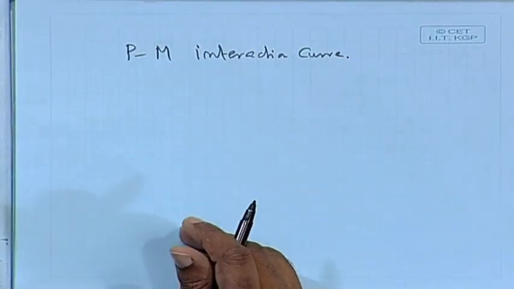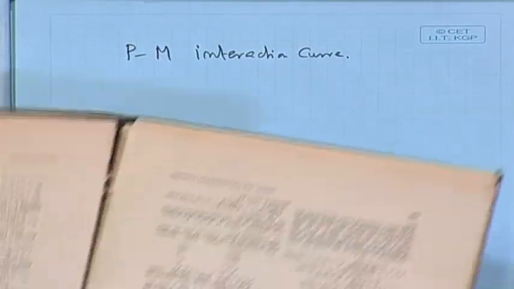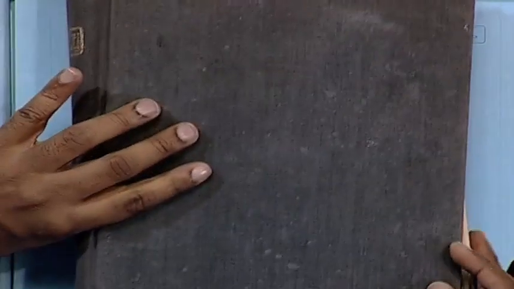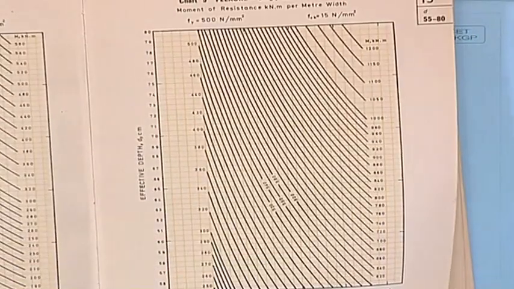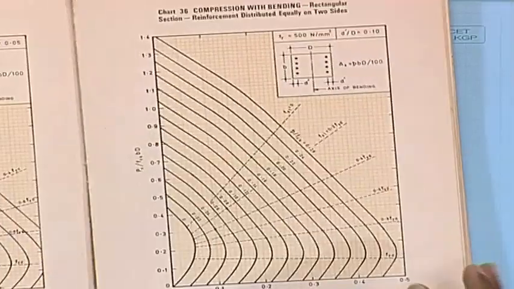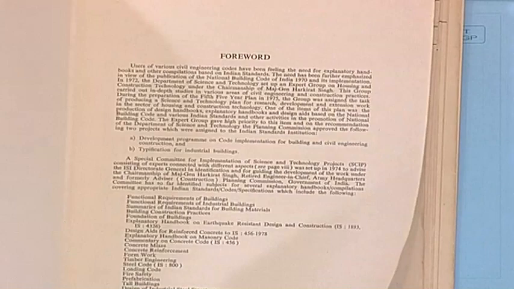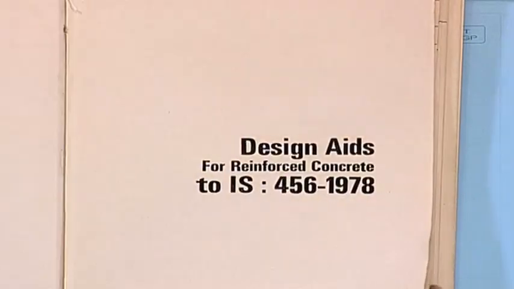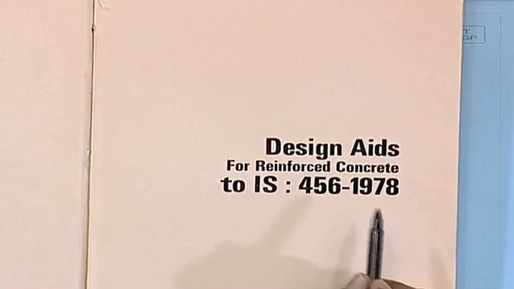That one you can get, I shall show you. Just to tell you, I have already referred to this one, Design Aids for Reinforced Concrete to IS 456, this is 1978 of course.